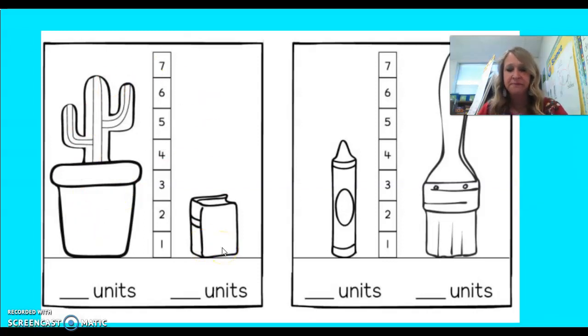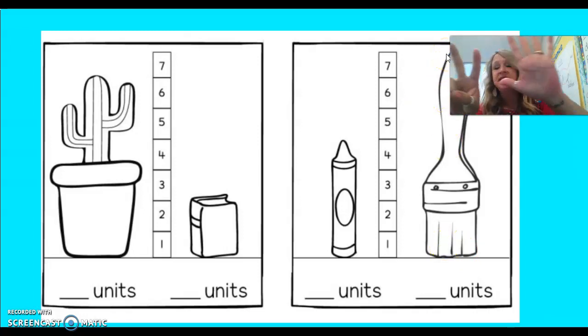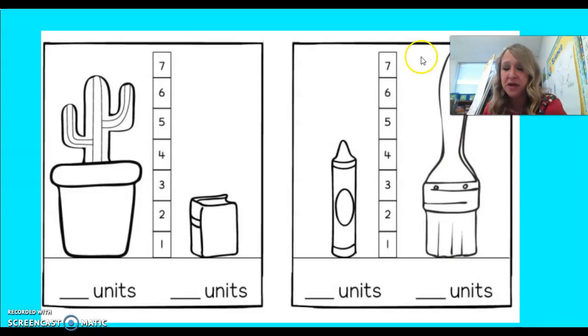Very good. Look at our crayon. How tall is our crayon? The end of the crayon stops even with this line, which is the 4 units. The paintbrush goes all the way from number 1 all the way up to the top number, which is 7 units for the paintbrush.